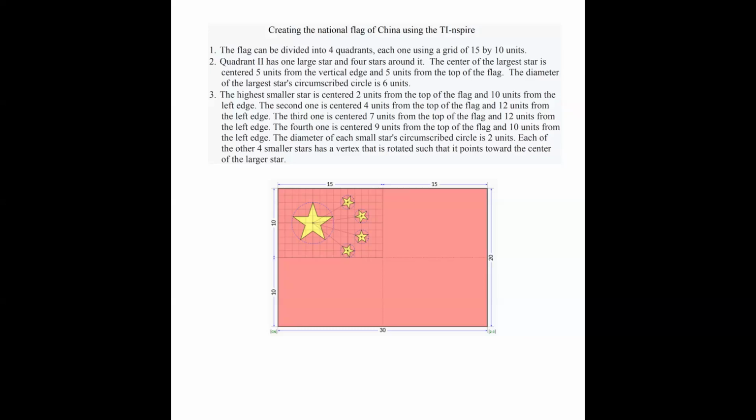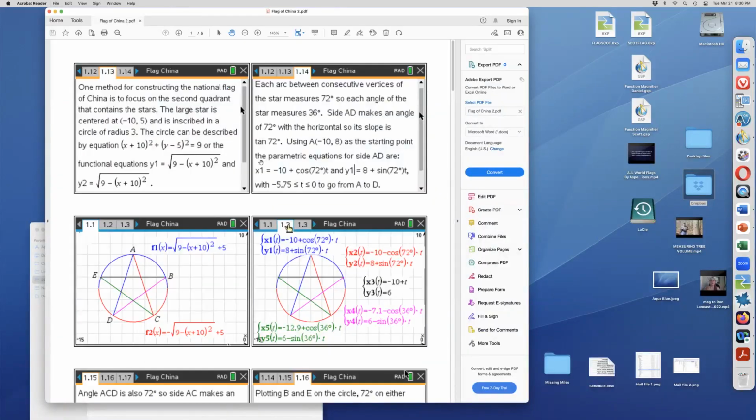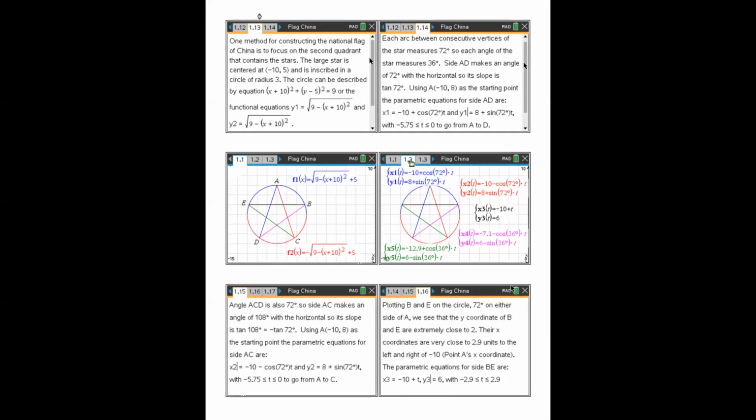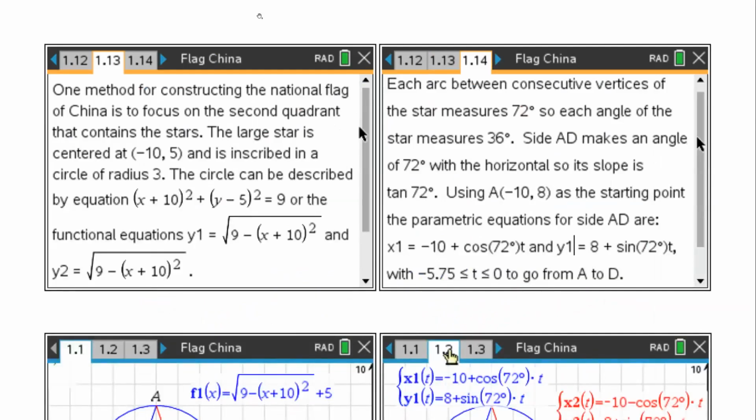Okay, so just as a final comment, what we're really going to focus on is quadrant 2, what's going on there. And after we finish constructing that, it's going to be fairly straightforward to expand things to see the whole flag. So we're going to literally use the second quadrant of a graph here.